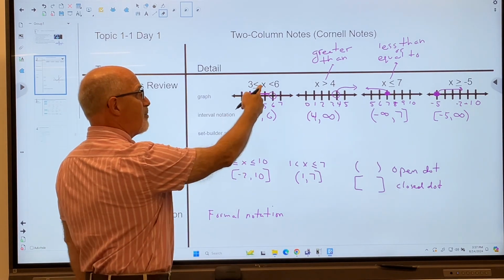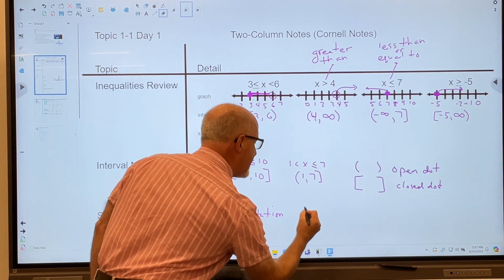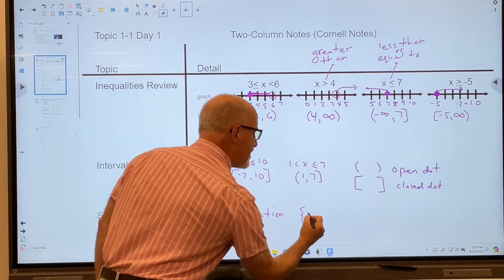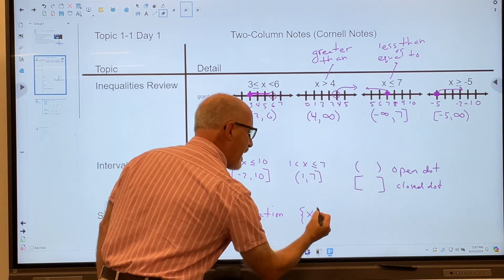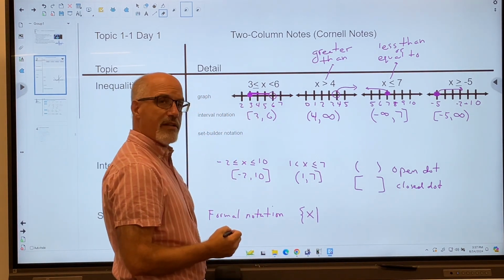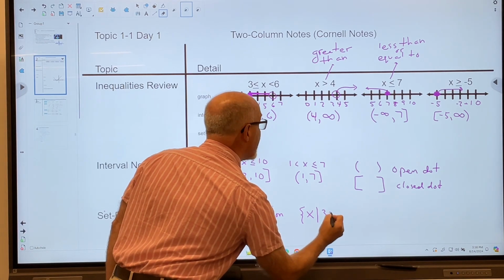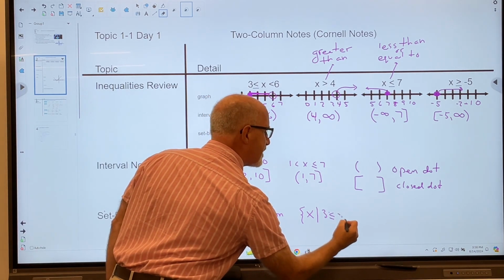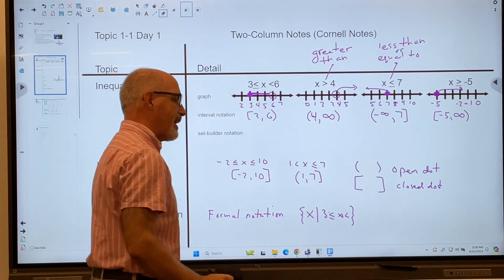So if we have something like this, the formal notation, all it does is it puts a brace on it. It then says every x such that, and puts a slash there, 3 is less than or equal to x less than 6, and then you put a brace again at the end.